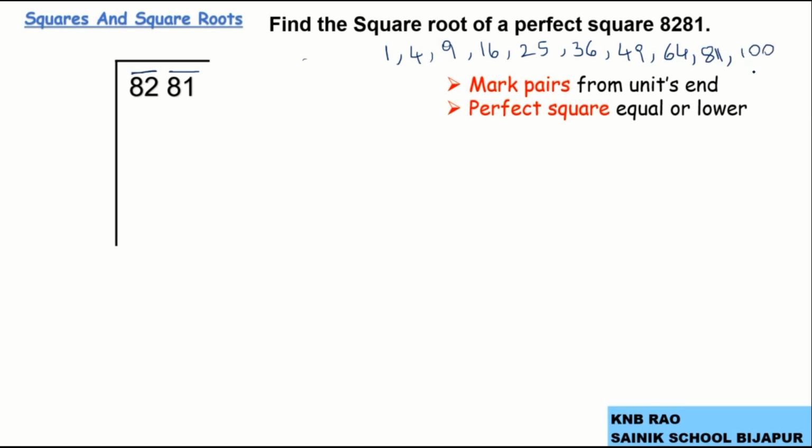Students, here a pair will be of a 2-digit number. So amongst them the 2-digit numbers are 16 to 81.